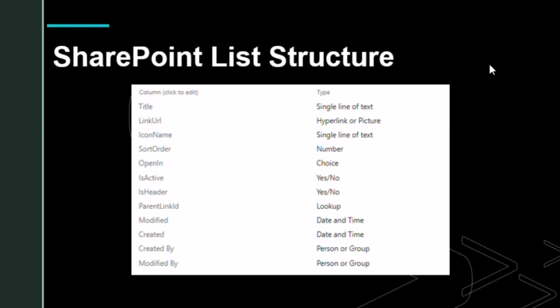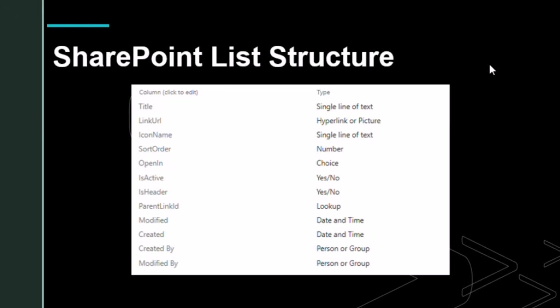It has a title, link URL, icon name, sort order, open in new tab, is active, header, and the parent link. The parent link is a lookup column that points back to the same list. So we have items already added as parent items.